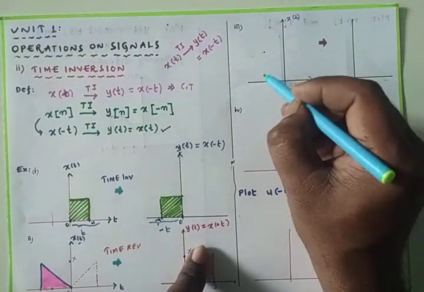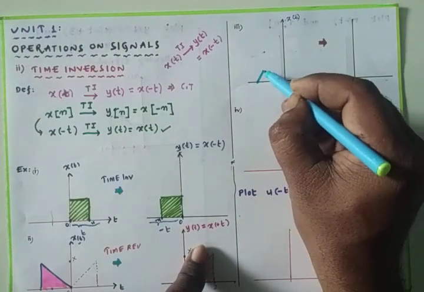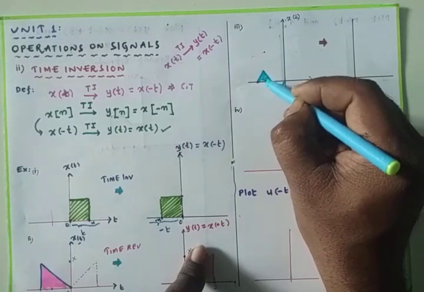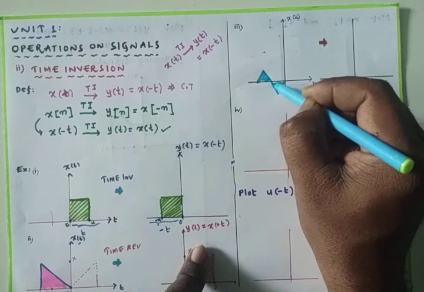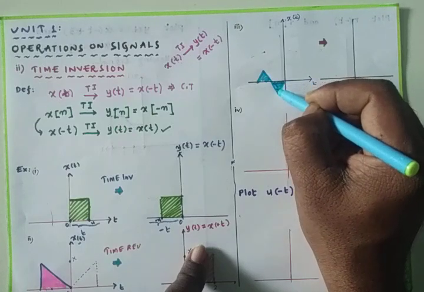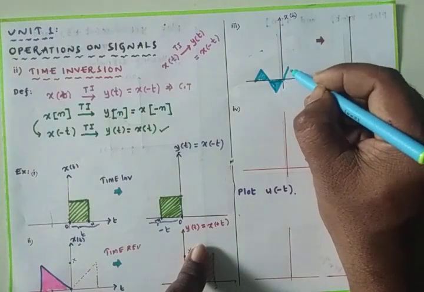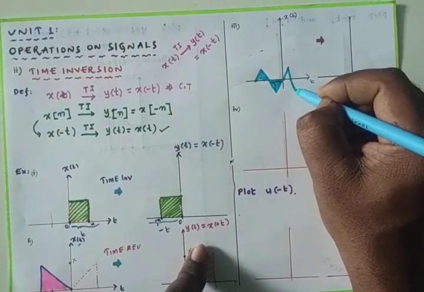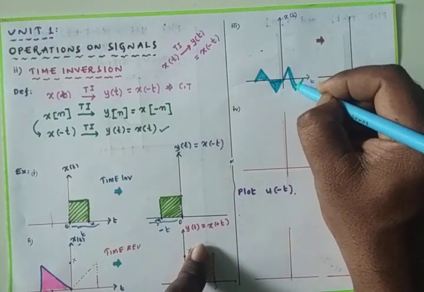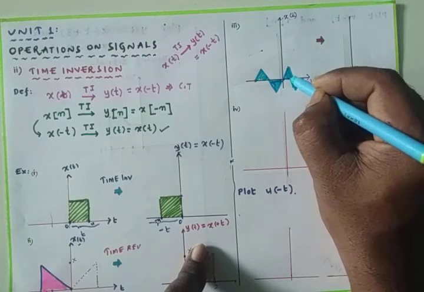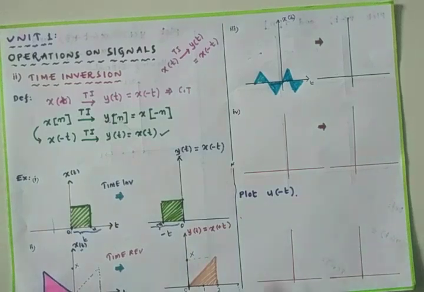This is a signal here. This is x of t. This total part is x of t, the signal is whatever I am drawing.